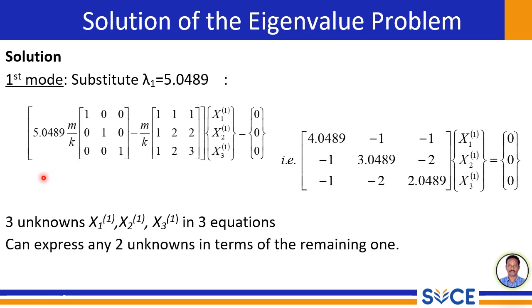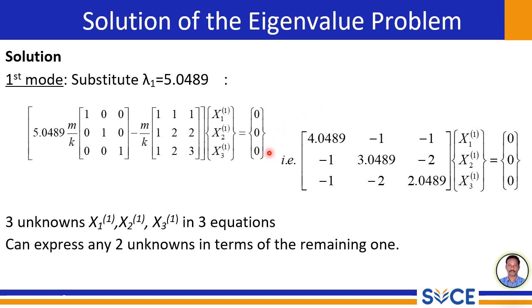We now proceed to calculate the first mode shape of the system. To do this, we substitute the eigenvalue lambda 1 equal to 5.0489 into the characteristic equation. Remember that in our case, lambda I minus D took this form. Substituting this value and solving, the matrix is resolved and simplified like this.